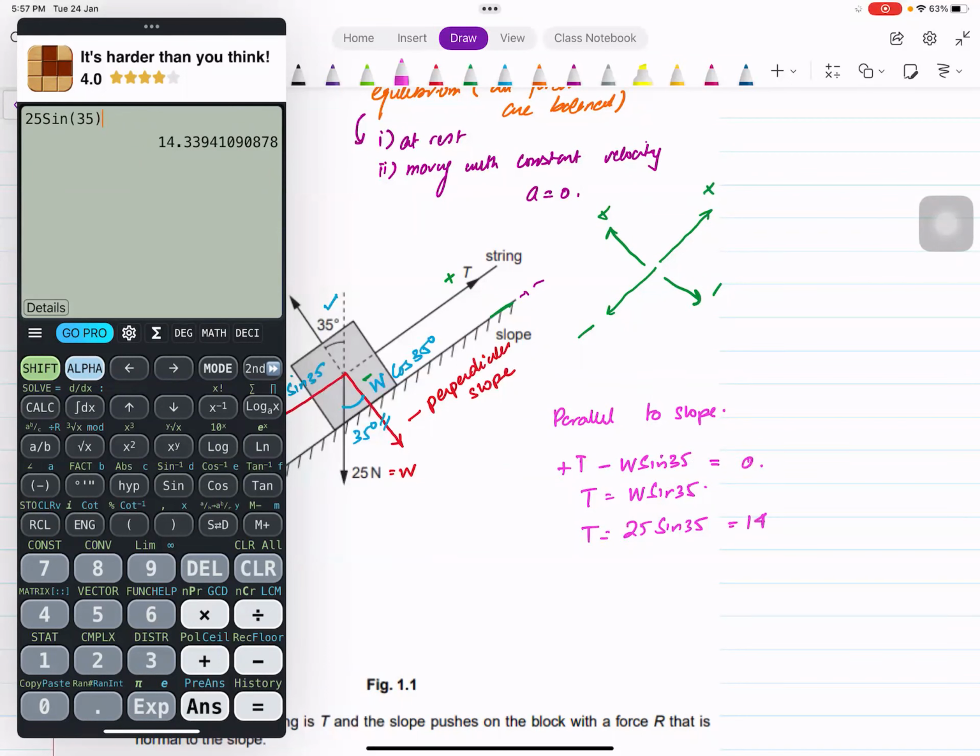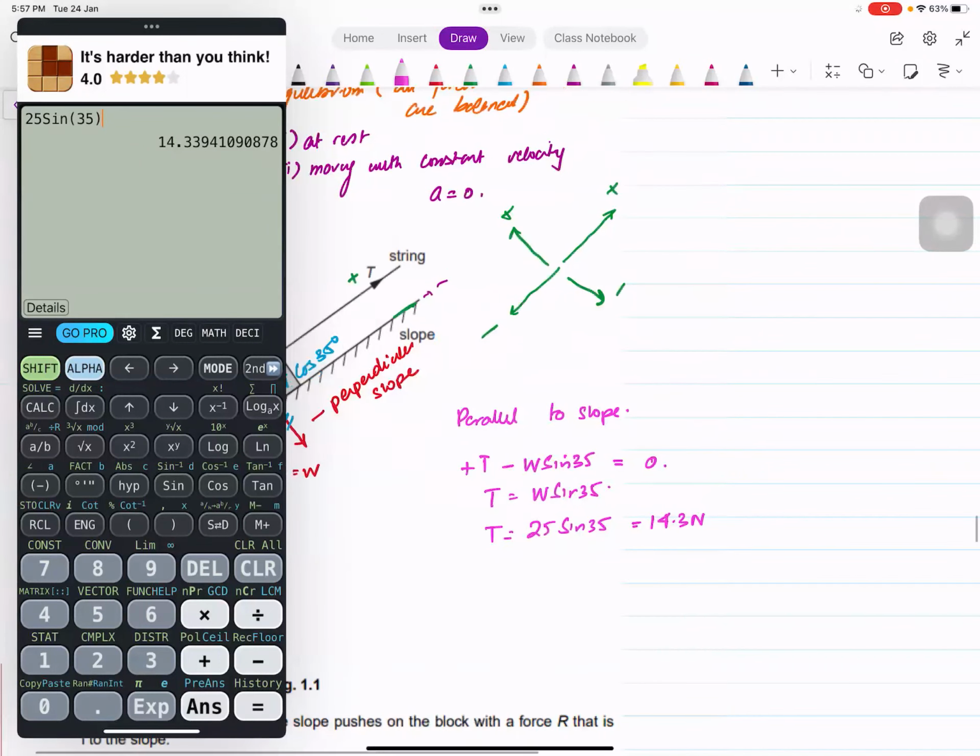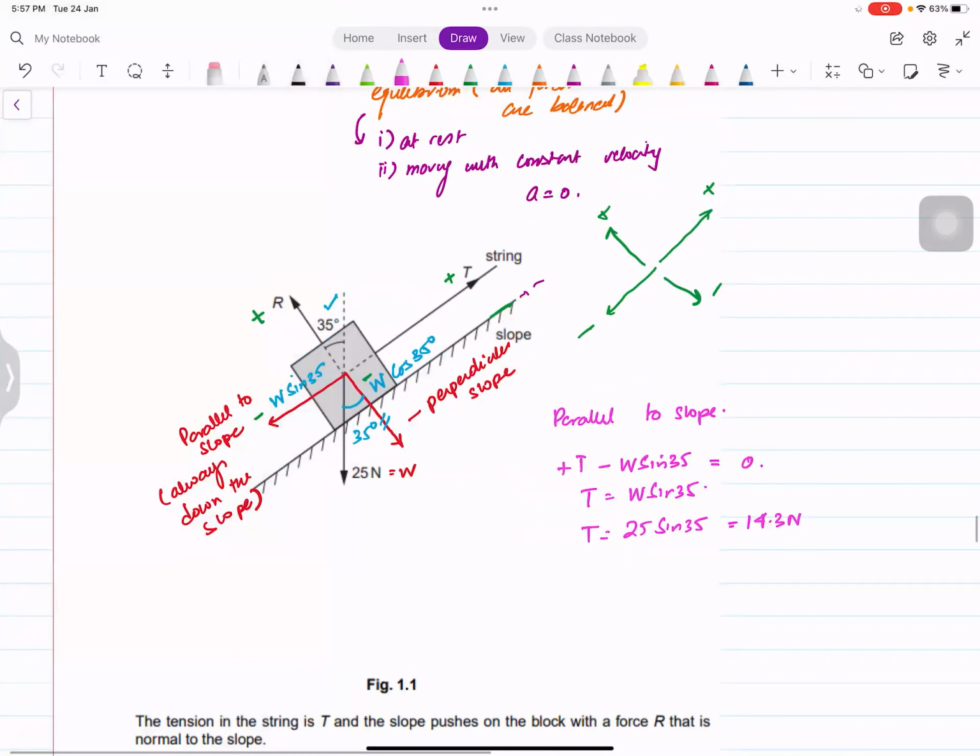And in case the examiner asks you to find this R as well, you can always find it perpendicular to the slope, and this will be plus R negative W cosine of 35, and obviously this will be 0 as well because it is in equilibrium. So R will be 25 cosine of 35.